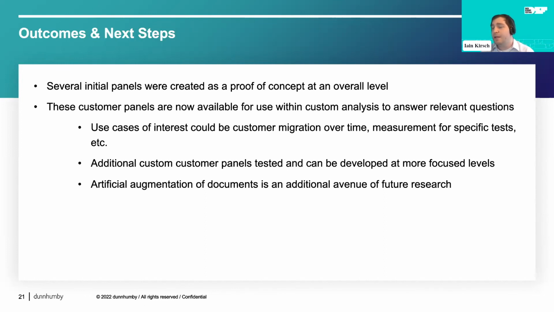And then finally, as a next step, we identified potentially artificial augmentation of documents as an additional avenue for future research. By artificial augmentation, I'm thinking that right now we think of a customer document basically as an unordered set of basket documents, more or less.